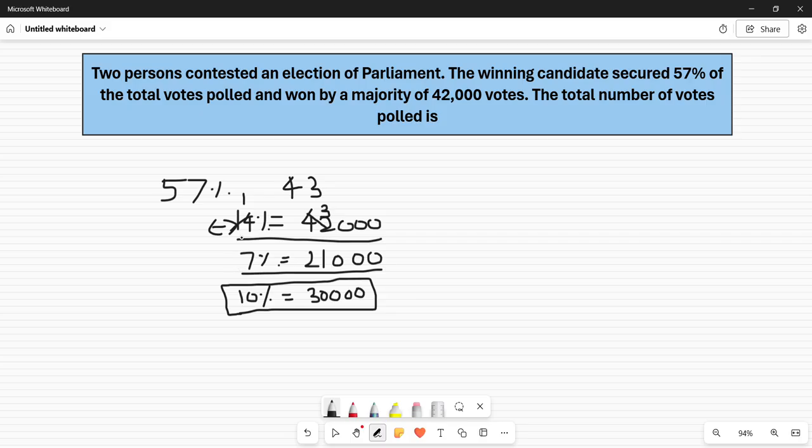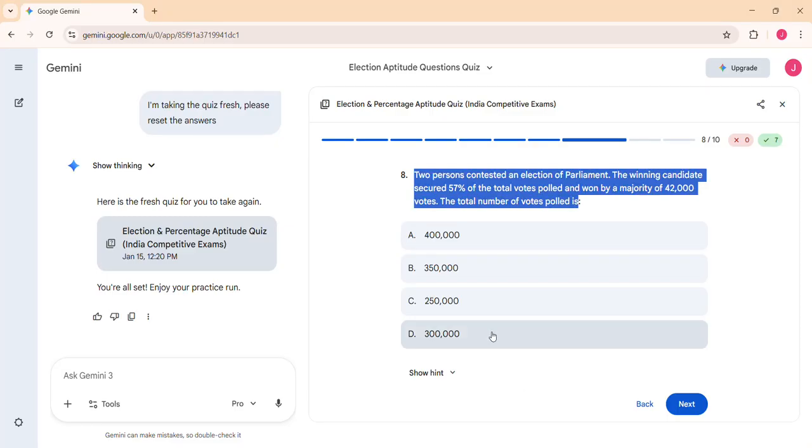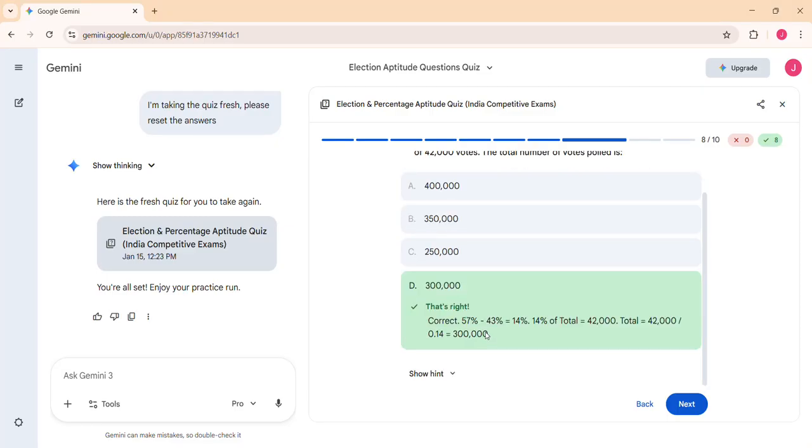So what it indicates is you could solve a percentage in different ways. Our objective is to keep it very simple. So 10% is 30,000. So now you could say 100% is 300,000. So 3 lakhs, right? So let's verify our answer. Yes, it's 3 lakhs. Okay, cool.